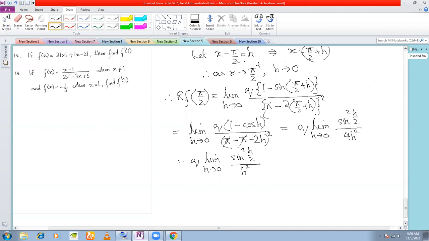So you write this as h square by 4. I need a 4 here, so I can multiply this by 16, right? So I take q by 16 out of this.